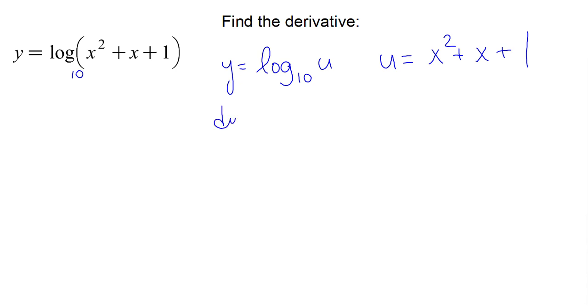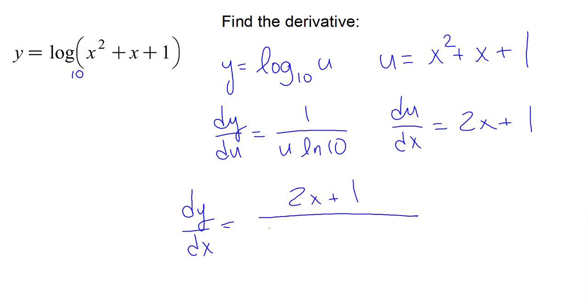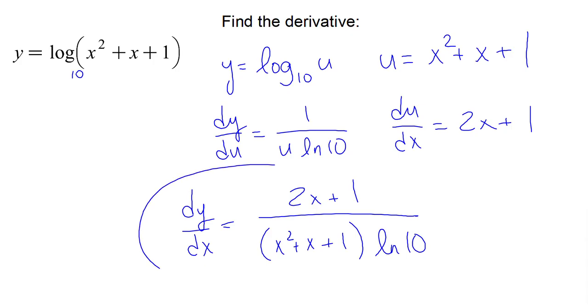So dy du should be 1 over u natural log 10. And then du dx should just be 2x plus 1. So when I multiply those two things together to get dy dx, I should end up with 2x plus 1 over x squared plus x plus 1 times the natural log of 10.